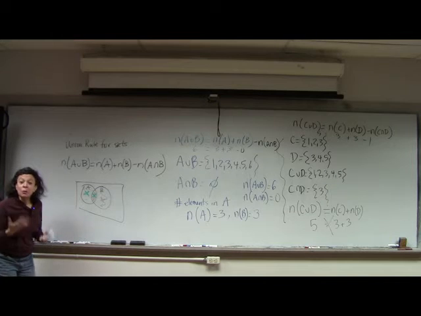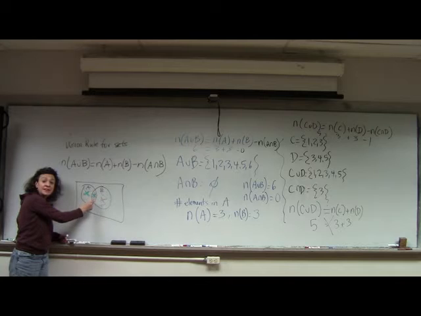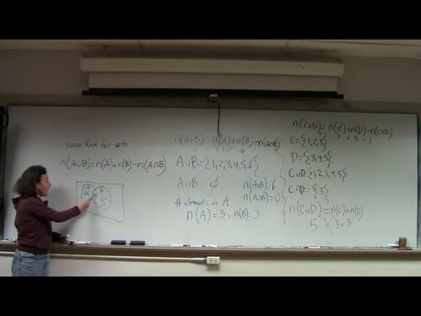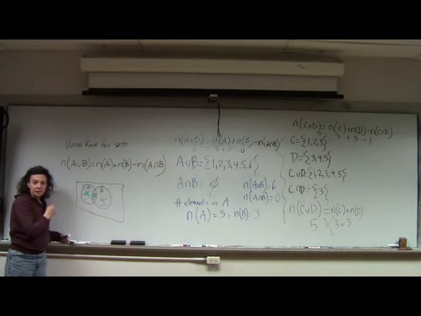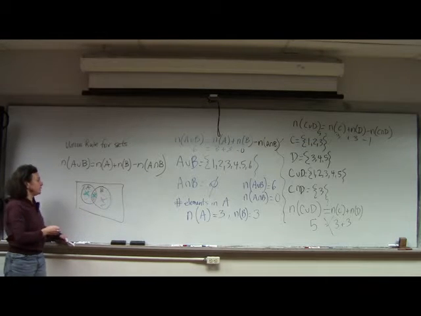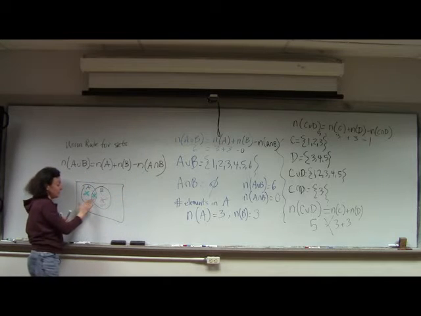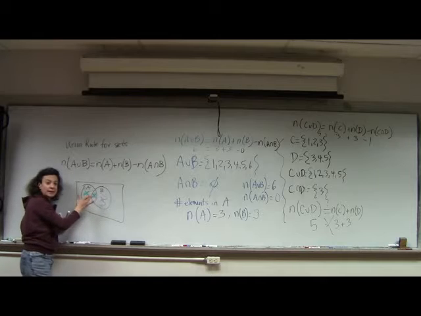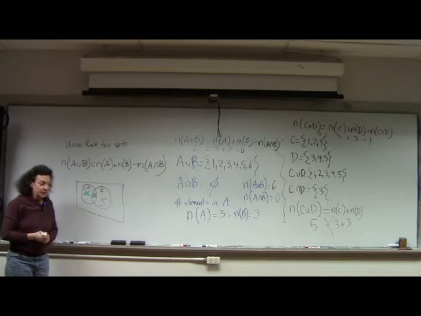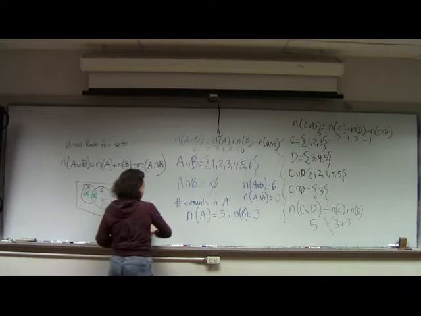But you see, what happened is I double counted these elements in the intersection. I counted them when I counted the number of elements in A, and I counted them when I counted the number of elements in B. That is why we have to subtract off the number in the intersection so that we do not double count. So, that is our union rule for our sets.